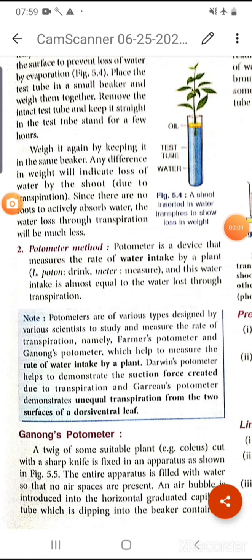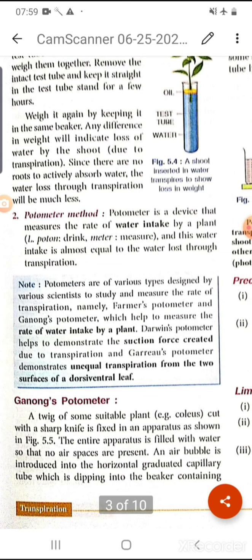Next is the potometer method. A potometer is a device with which we can measure the rate of water intake by the plant, and this water intake is almost equal to the water lost through transpiration.